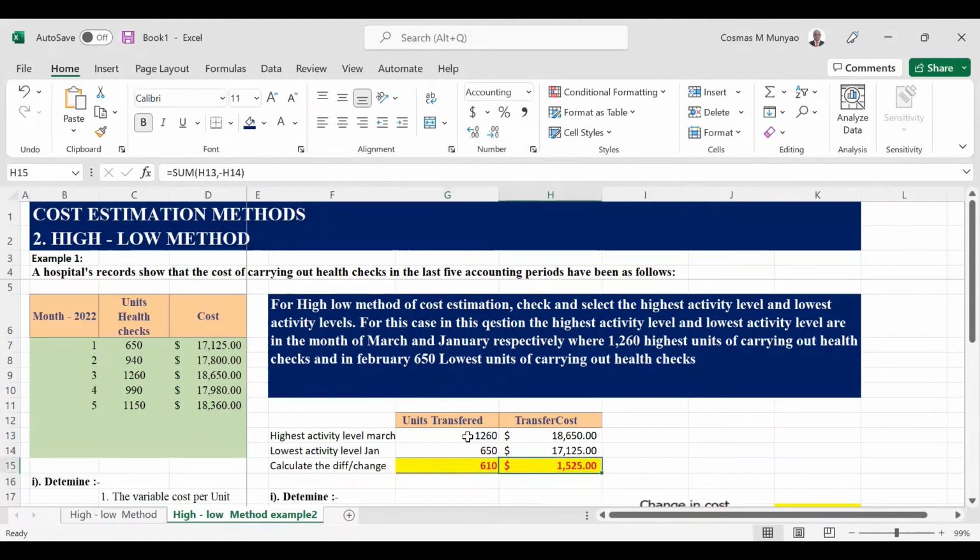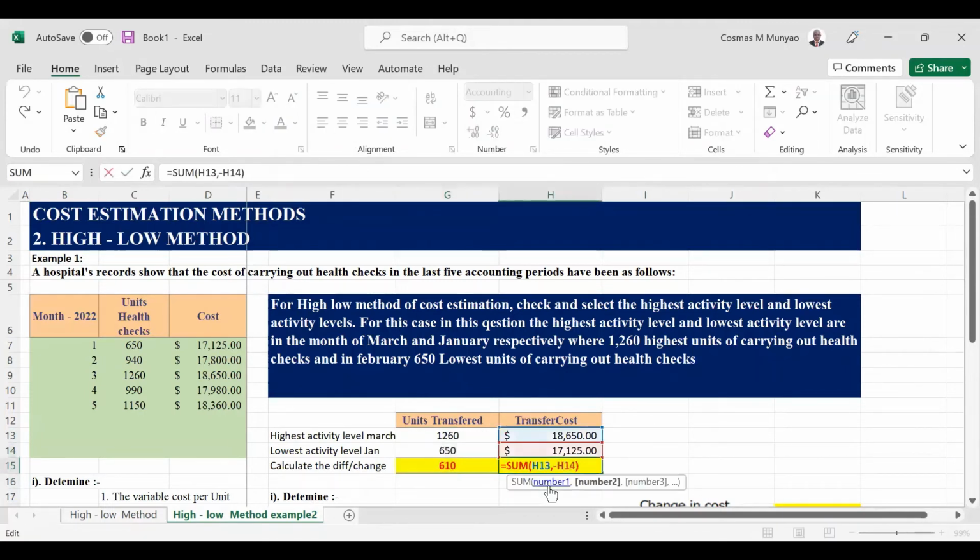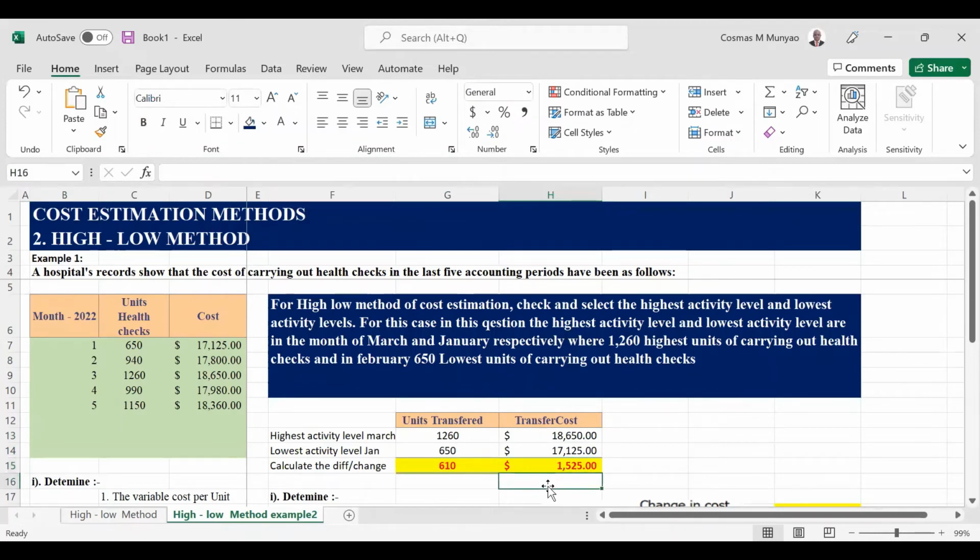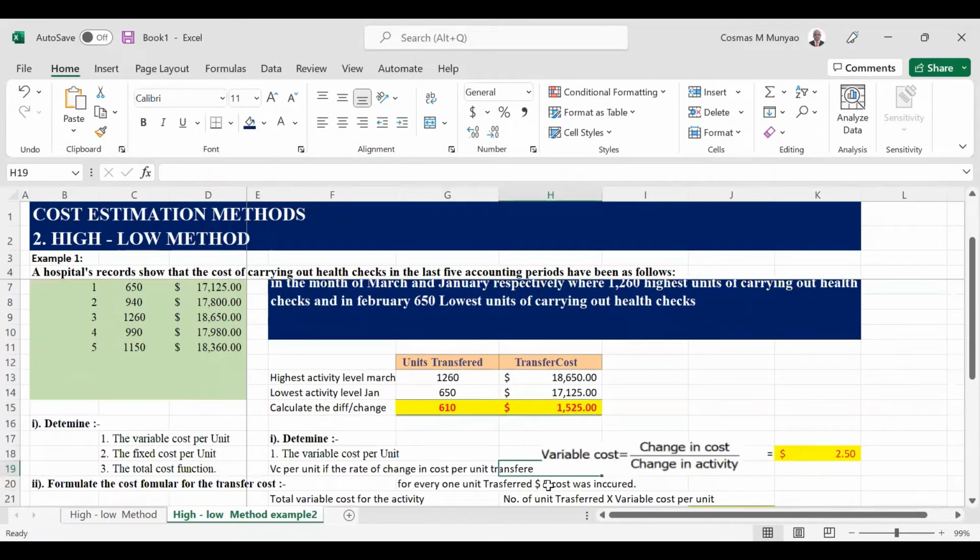You find that the difference between the highest and the lowest is 610 health checks, these units of the difference. Then the difference between the highest cost and the lowest cost is 1,525. So from there, we go to the question itself: determine variable cost per unit.